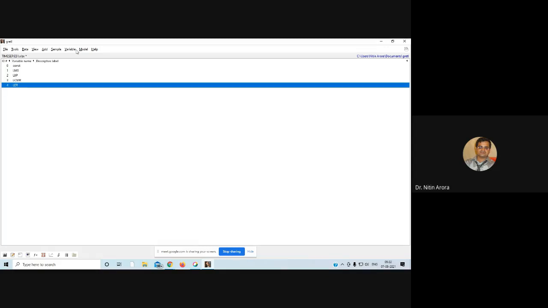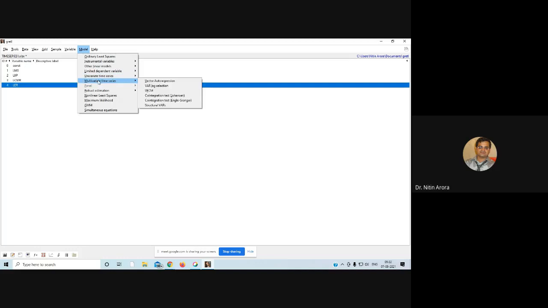Now, before applying Johansen co-integration, to see whether there exists some long-run relationship or not, we have to see what should be the optimum lag length for this co-integration model. So what you have to do, go to Model, Multivariate time series, VAR lag selection.